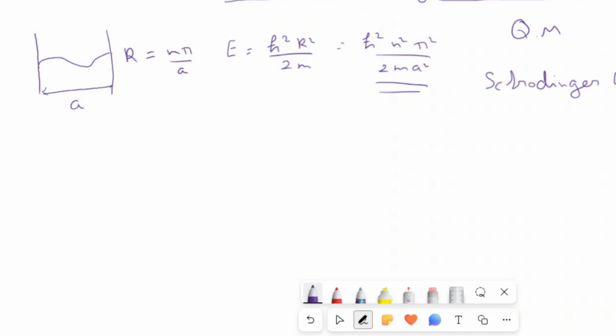We know the Schrodinger wave equation is described as minus h square by 2m d square phi x on dx square, where phi is the wave function, plus V x, V is potential energy, equal to E of phi x, where this is kinetic energy, this term is potential energy, and this is total energy.